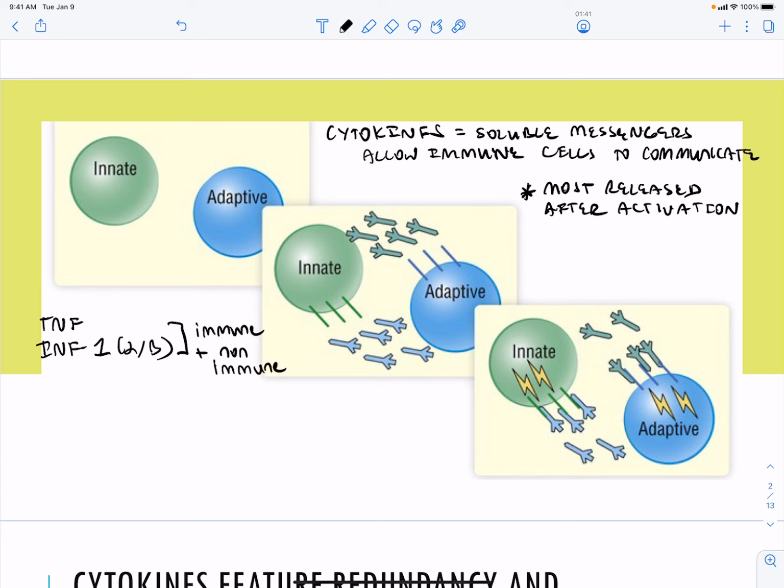And then we have some constitutive cytokines. We have IL-7, which is going to be for the development, if you remember, of our B and T cells as they're going through the primary lymphoid organ. Plus, it's a growth factor for naive T cells.